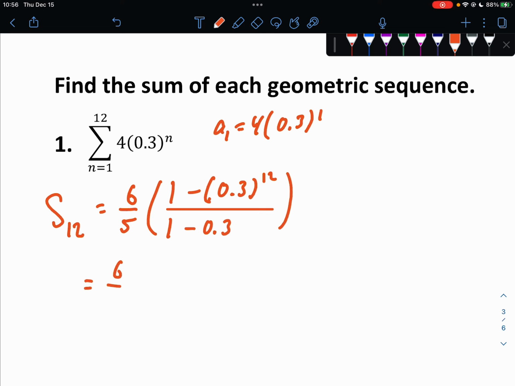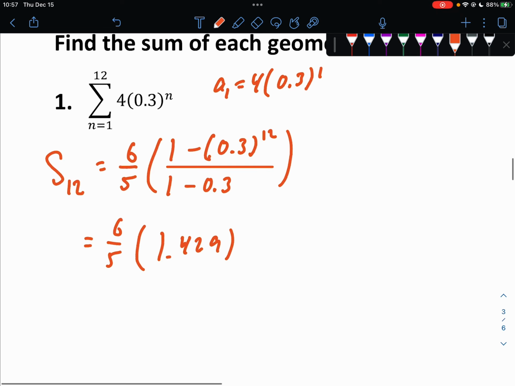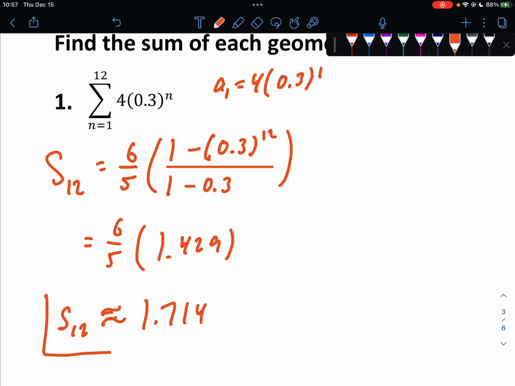Okay, so that's going to be 6/5 times 1 minus r to the 12th power divided by 1 minus r. That's going to be approximately 1.429 times 6/5. We get 1.714 as our sum.